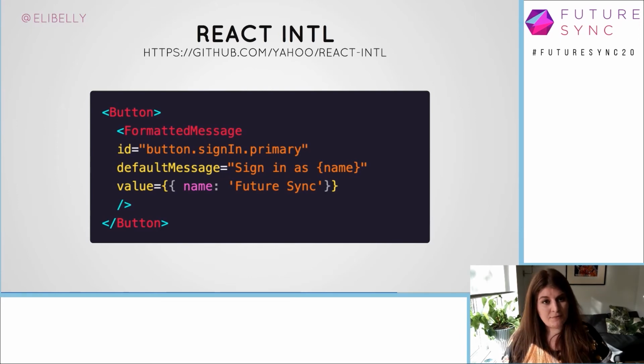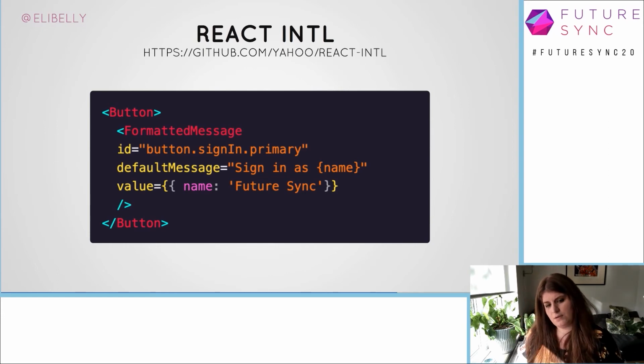But this is an example of how you would use FormatJS with React bindings. Let's say we have a button and we can import a FormattedMessage component, which is basically how you format strings with translations. You give it an ID, which will point to your string resource file. You can give it a default message in case that string is not available in your resource file.